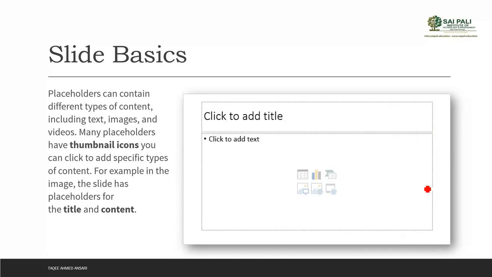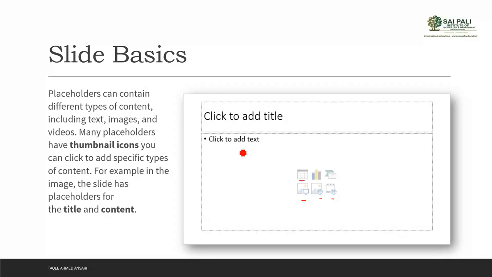These placeholders can contain different types of content, including text, images, and videos. Many placeholders have thumbnail icons, just like you can see in this image here. So you can click on those specific thumbnails to add that specific type of content.